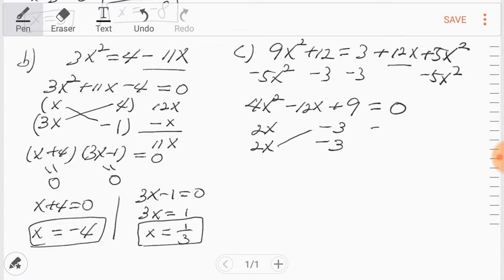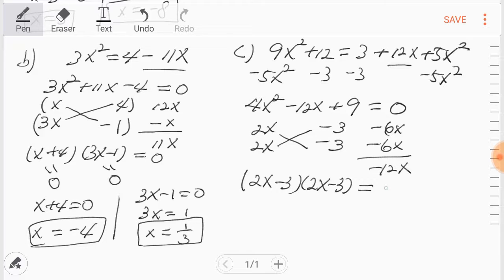And the cross product is negative 6x, negative 6x. The sum is negative 12x. Negative 12x is the same as the term in the middle, so we found the match. So the factored form of the left-hand side is 2x minus 3 times 2x minus 3, and is equal to 0. Okay, so we have to set each factor to 0.